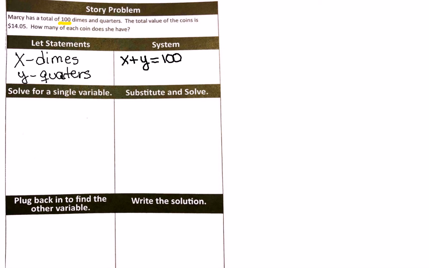Now the second sentence says that the total value, so that's the total value, not the total of coins, is $14 and 5 cents. Dimes are 10 cents and quarters are 25 cents.